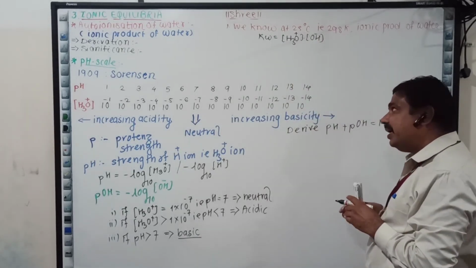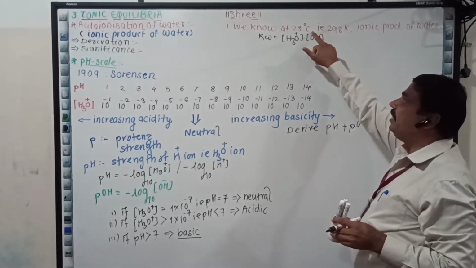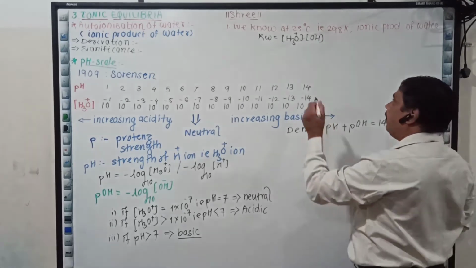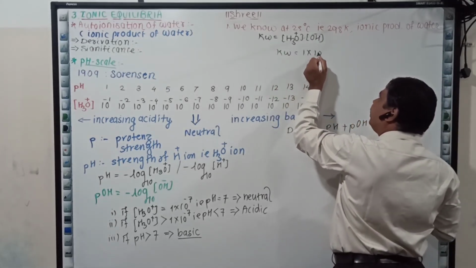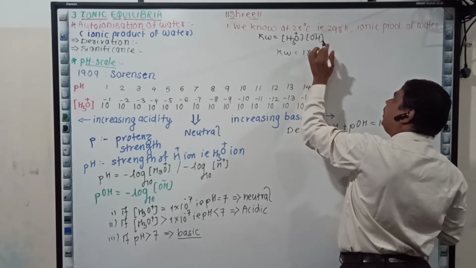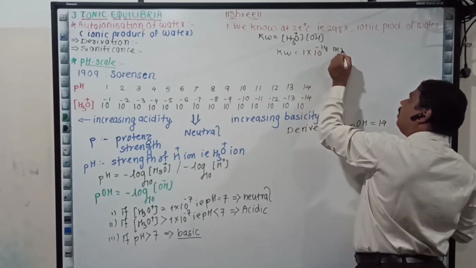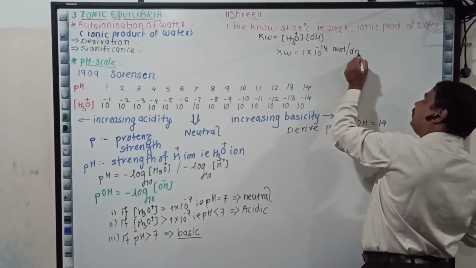Okay, and we also know that at 25 degrees Celsius the value of Kw is equal to 1 into 10 raised to minus 14 mole per dm cube.